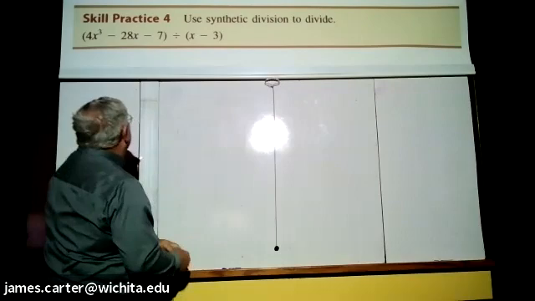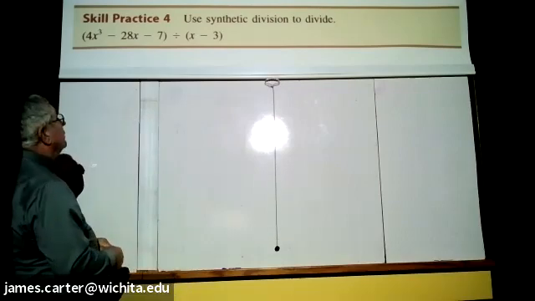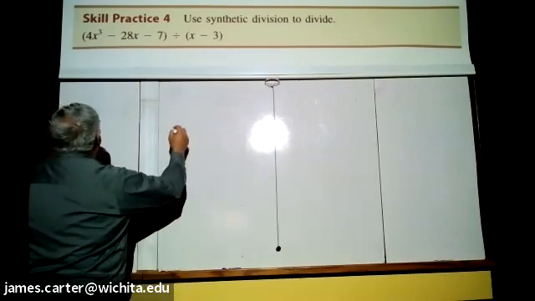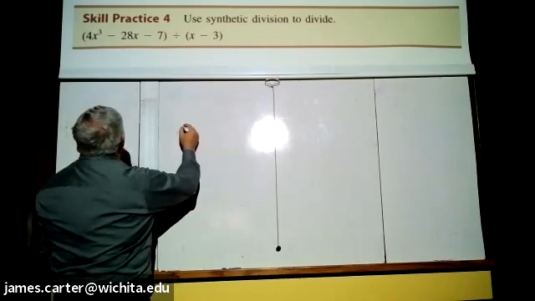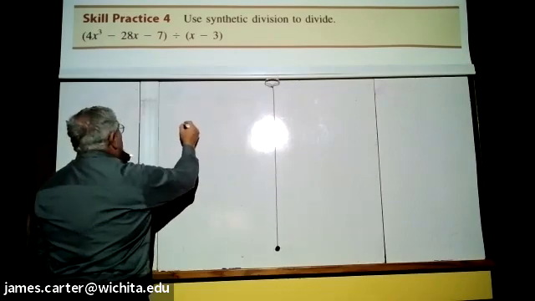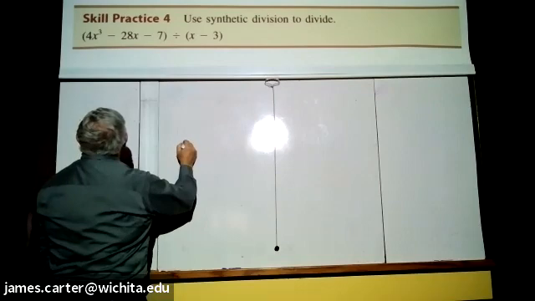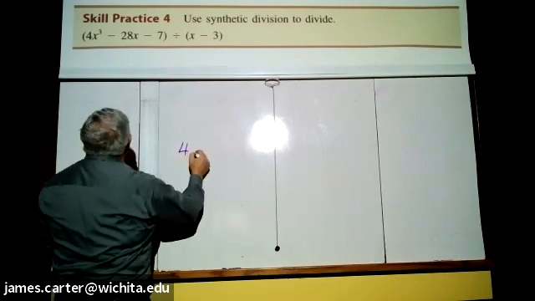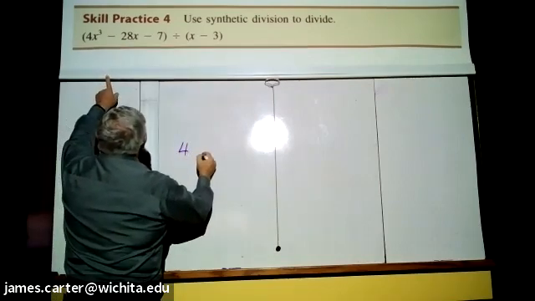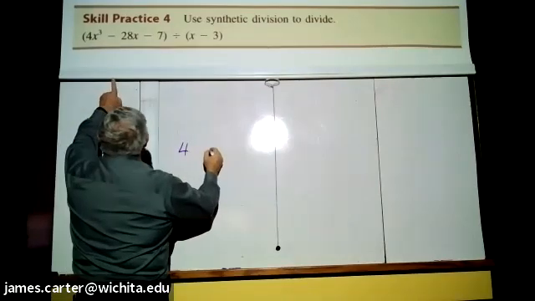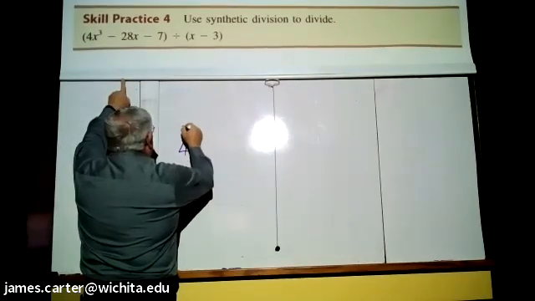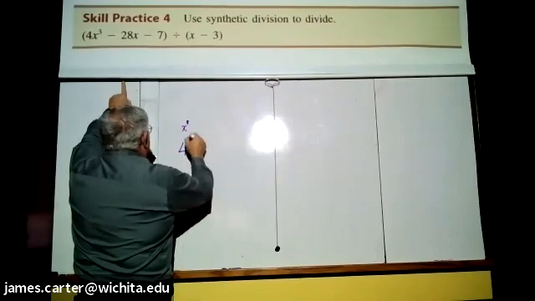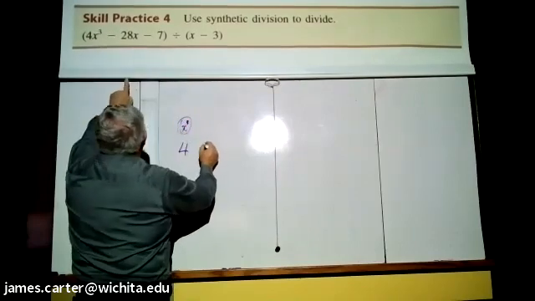Okay, on this one, it's in the right order, but it's got some missing terms. So I've got 4 for the x cubed, okay, and I'm just going to put an x cubed up here as a reminder for myself.